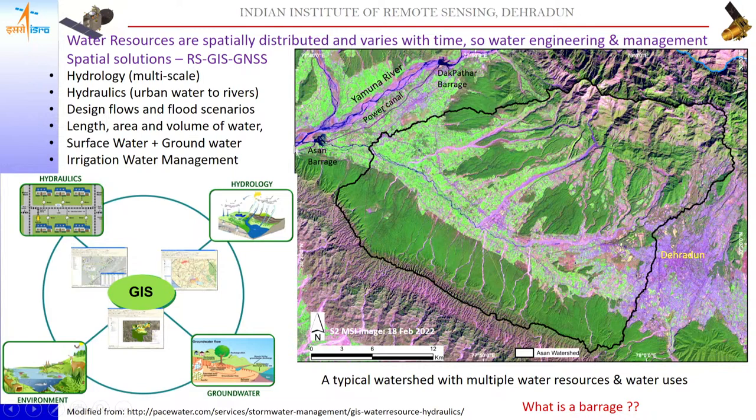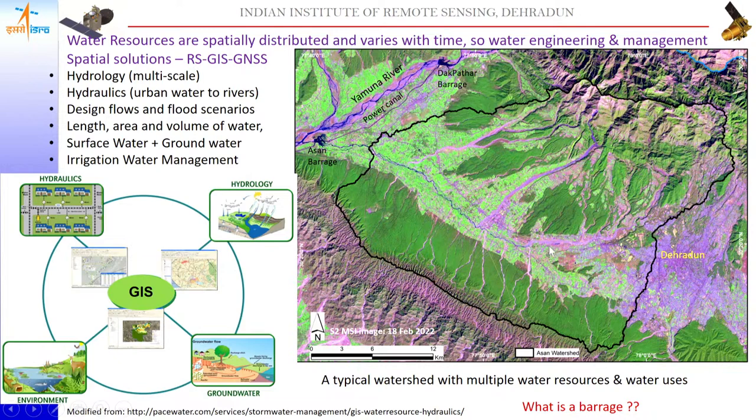So that information can be derived by making GIS models of these project sites. Then the traditional method of calculating the length of the canal, the area of the water spread, and how much volume is there within a given water body, those calculations can also be done.